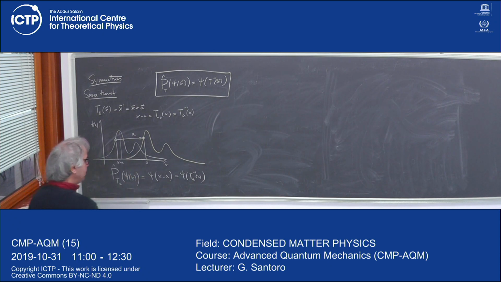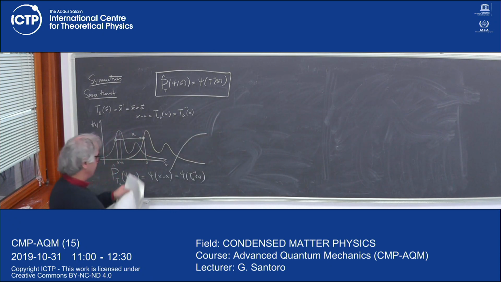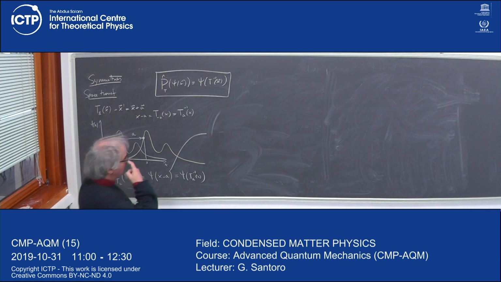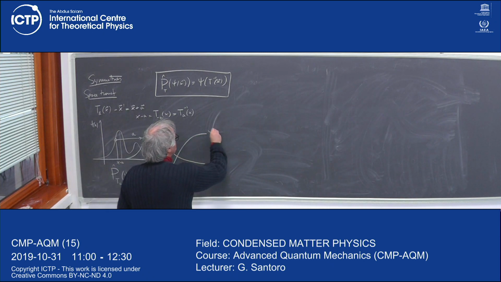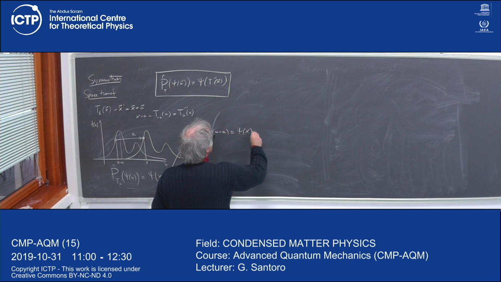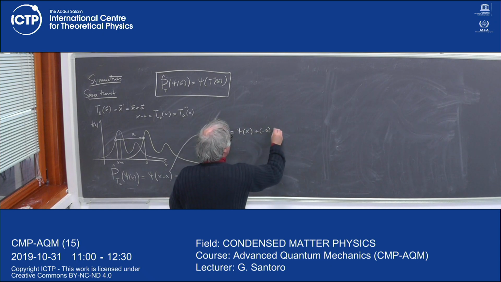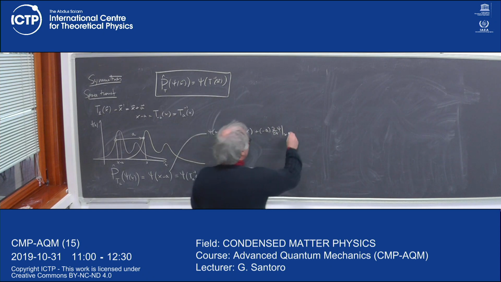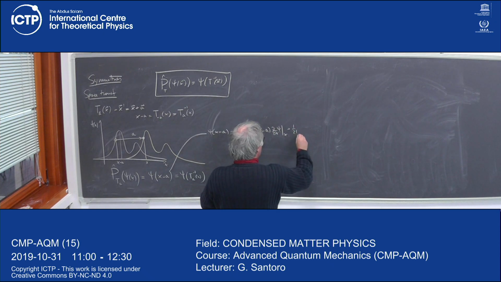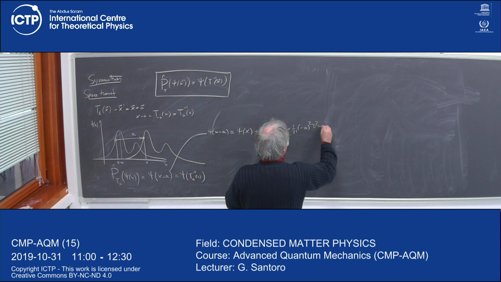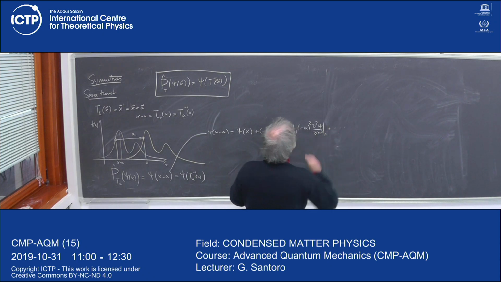So, what is this object? Psi of x minus a. Well, I can write for you that psi of x minus a is equal to psi of x, then I Taylor expand, so plus minus a, the derivative of psi calculated in x, plus 1 over 2 factorial, minus a squared, the second derivative of psi calculated in x, okay, plus all other terms.